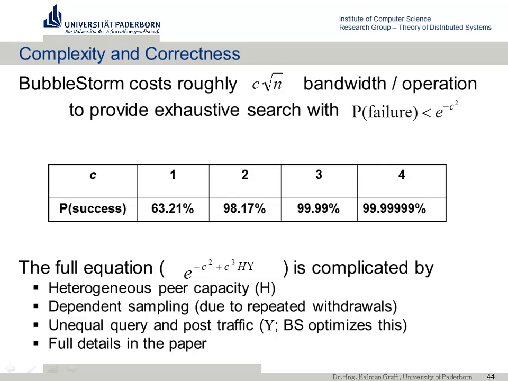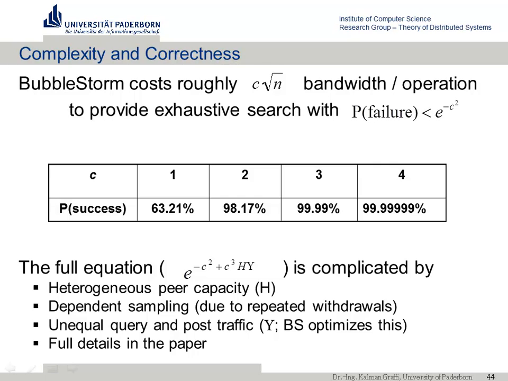The full equation, what really determines the quality of the costs generated in BubbleStorm, introduces first the peer capacities, so how much degree and freedom you give there, and how good your sampling is, that means how well you can count the network size. It also introduces some variance between query traffic and post, so announcement traffic, and you can look it up.